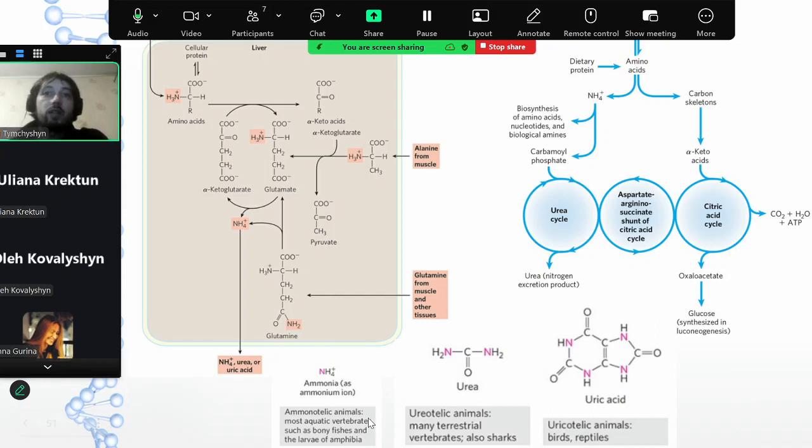For example, aquatic vertebrates, some bony fishes, larvae of amphibia, so that's the way. And here is the example of so-called uricotelic animals. That's uric acid used by birds and reptiles. So here are different forms of excretion.